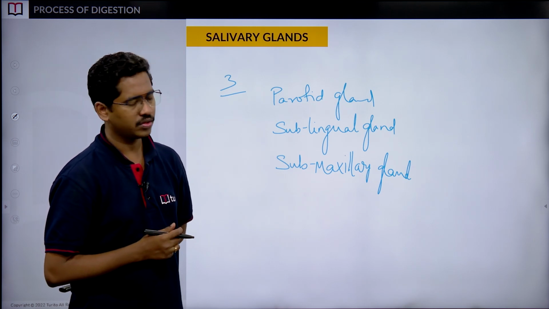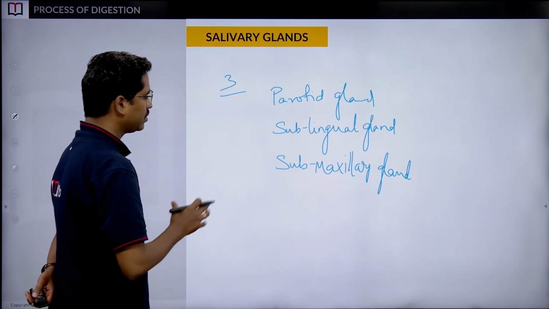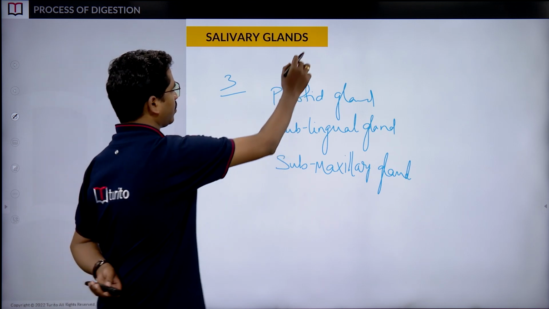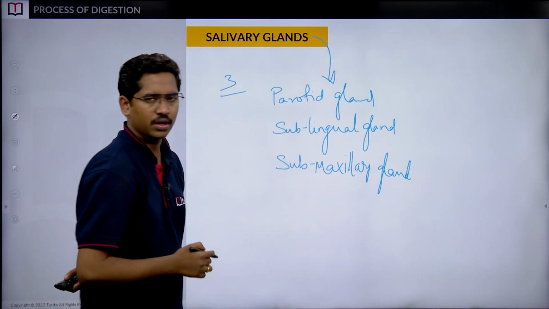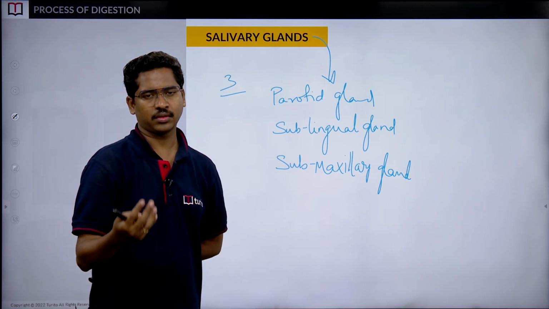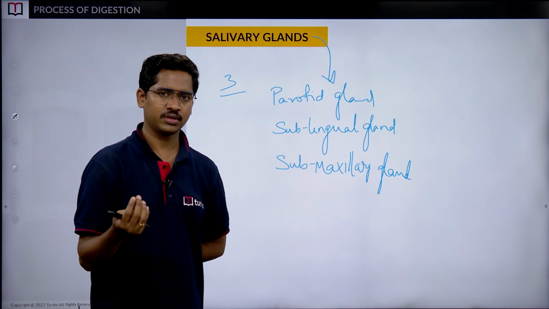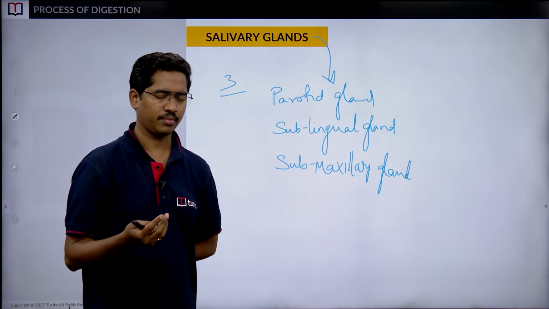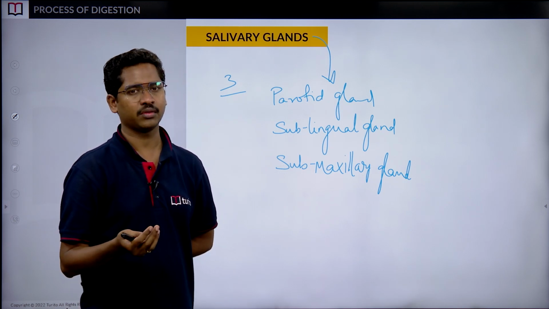When you look at a buccal cavity, these are the different types of salivary glands we have. All of them have the same function, that is to release saliva, which contains ptyalin. It has lysozyme. It has salivary amylase.